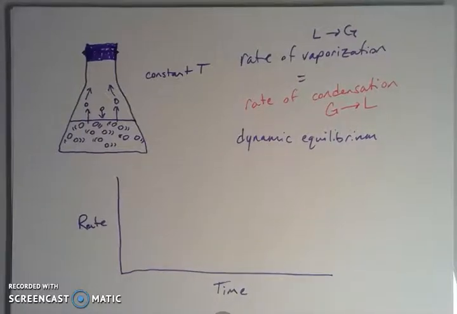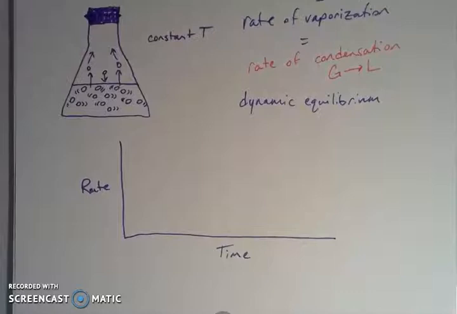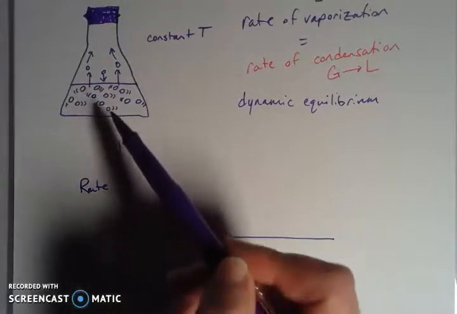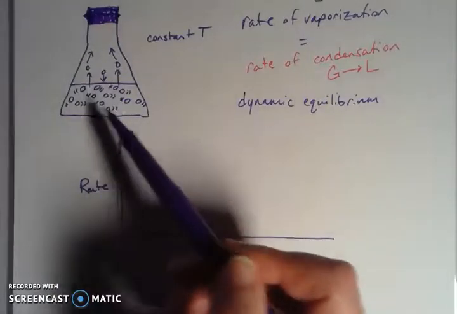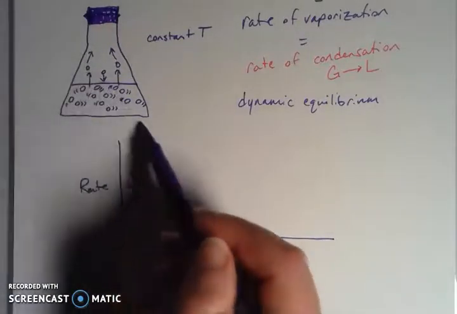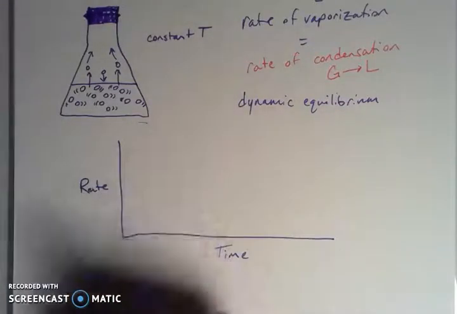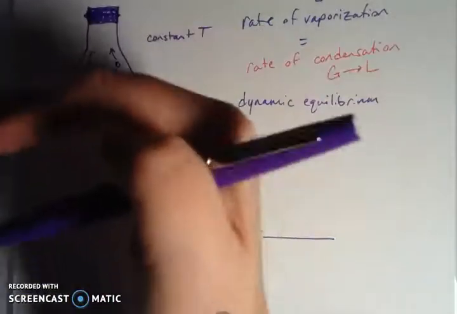If we think about this graphically, because we're scientists, so we always think in terms of graphs, then the rate of vaporization is actually going to slow down a little bit over time, right? So how quickly I'm going from a liquid to a gas here is going to start out pretty high, right? Because when I first cap it off, here's the liquid, all the gas particles were leaving. Now I'm capping it off.